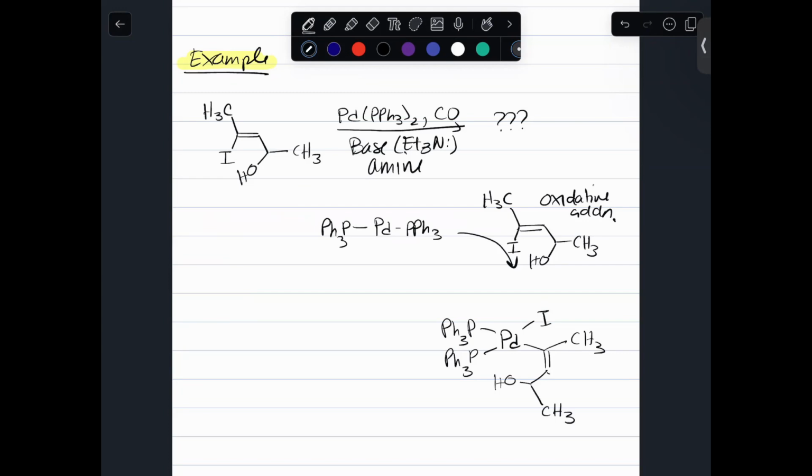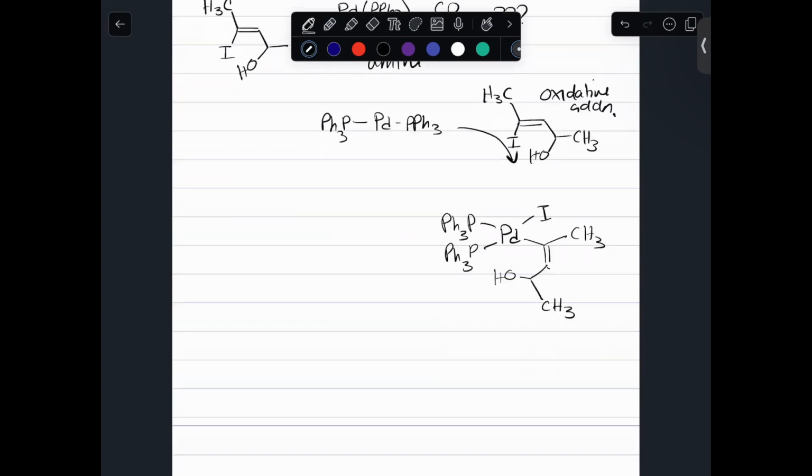So there's my oxidative addition product. I introduce my carbon monoxide.